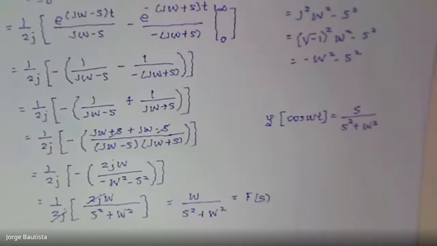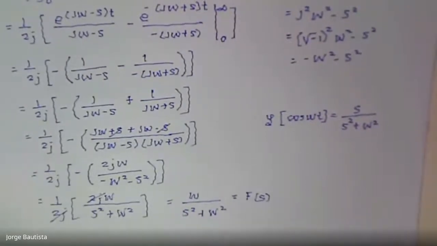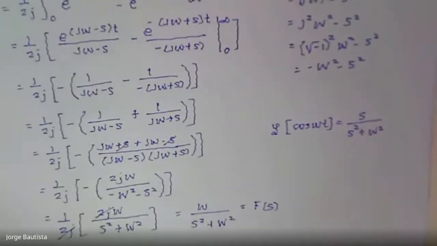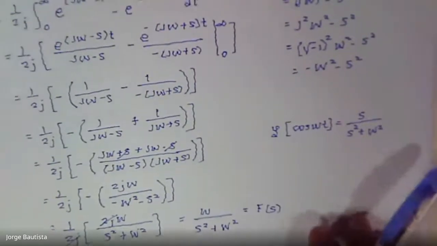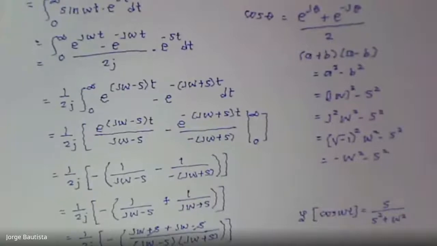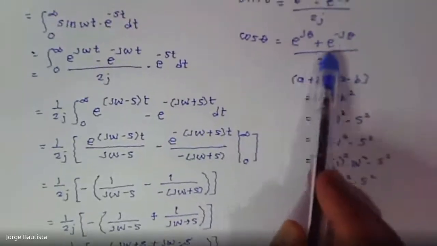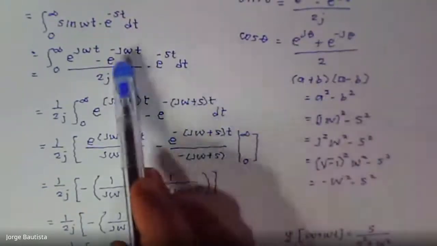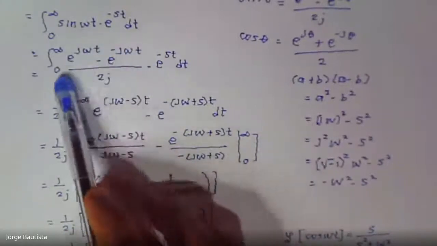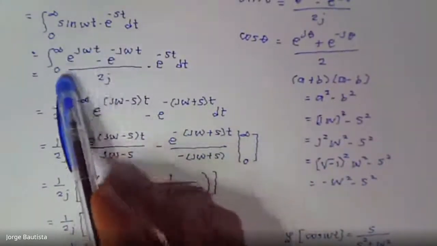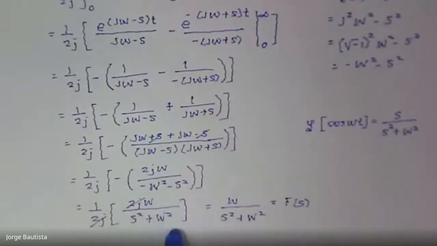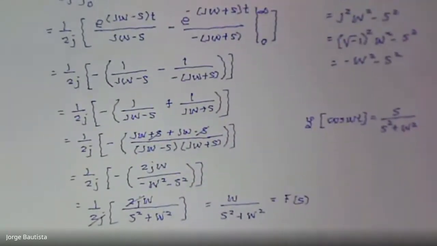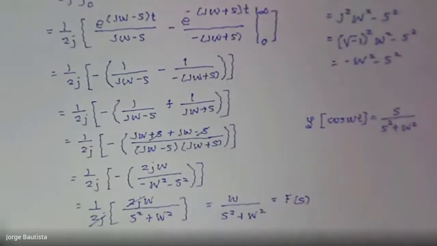Ayan. Yan naman ang sa cosine. So, ganyan din ang procedure kung paano mag-derive ng cosine. Kasi sa cosine natin, ito yung isinasubstitute naman dito. No? Yan, isinasubstitute naman yan dito. And the rest, same procedure. Okay? Same procedure naman yan.